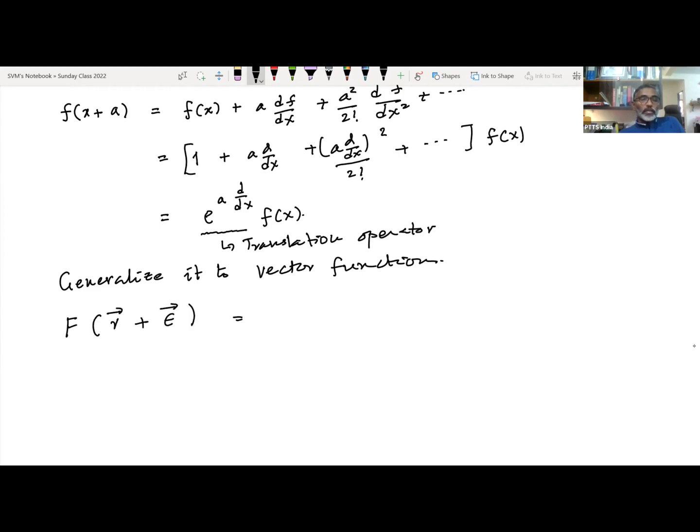Now, it's not very difficult to realize that this will be equal to e to the power epsilon dot del. This is the operator acting on the function. Okay, so it's very easy to do this because you now write down x plus epsilon 1, y plus epsilon 2, z plus epsilon 3, like that, and do a Taylor expansion in each of the variables.